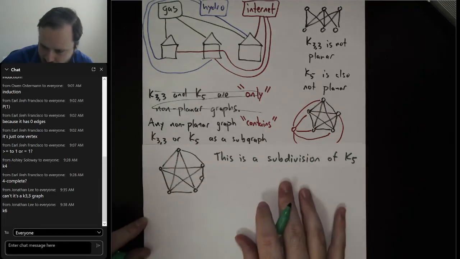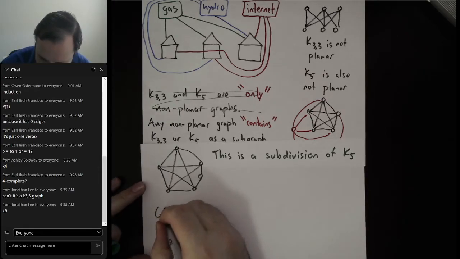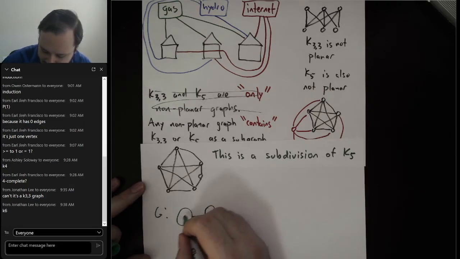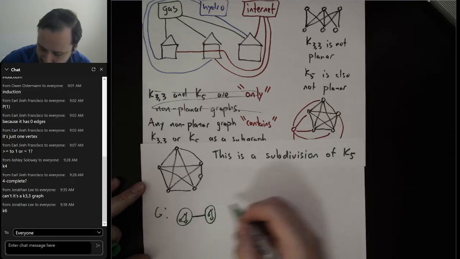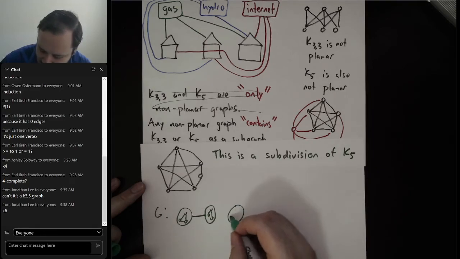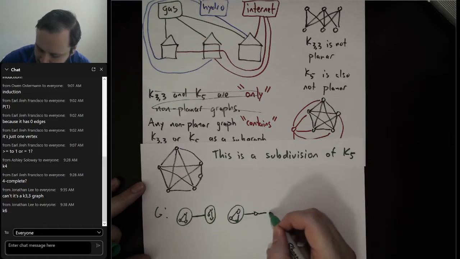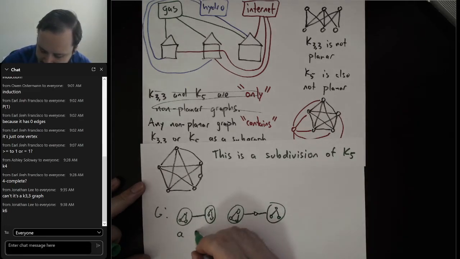So if I have any graph G, I have some stuff, and then I have an edge, and then I have some other stuff. I've got some vertices and edges going on in here, whatever's going on. And then I change that to the same exact picture, but I put a vertex in the middle of an edge. And I can keep doing that as many times as I want. This is a subdivision of G.